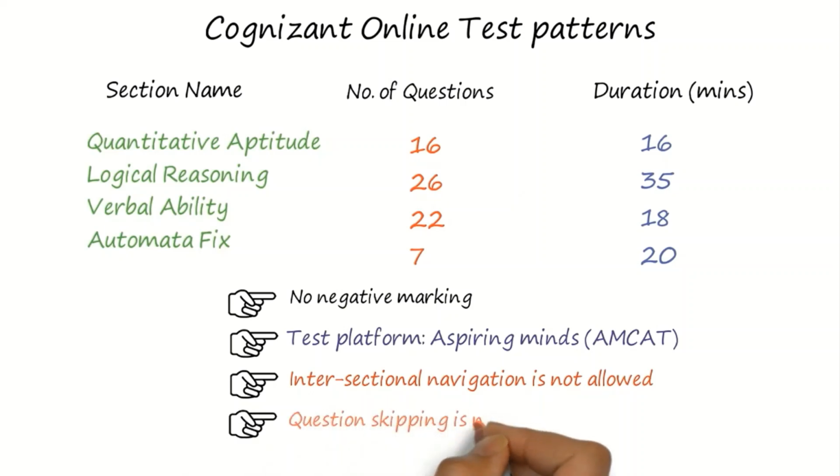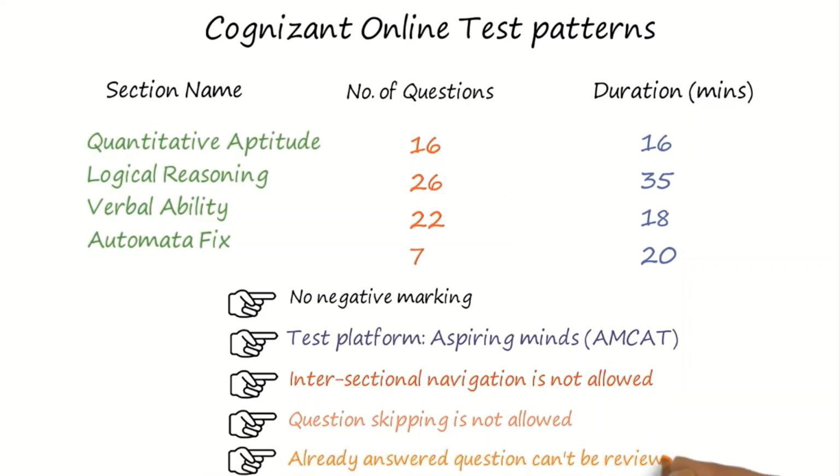And also, you cannot go back to a section or question which has already been answered. For example, first quant section will be answered, and unless you finish, you cannot go to logical reasoning section. When you are in logical reasoning section, you cannot go back to quant section.